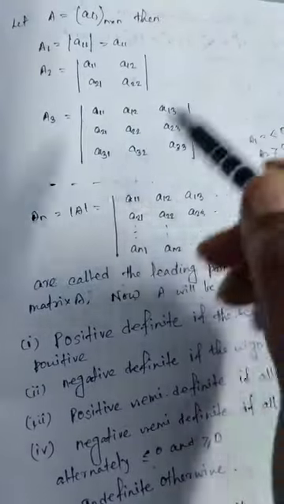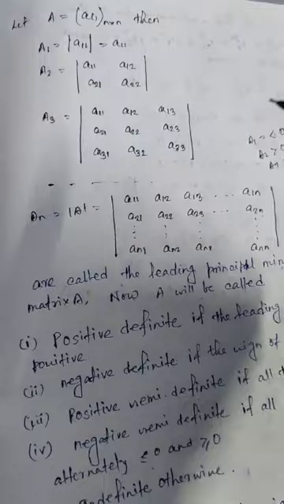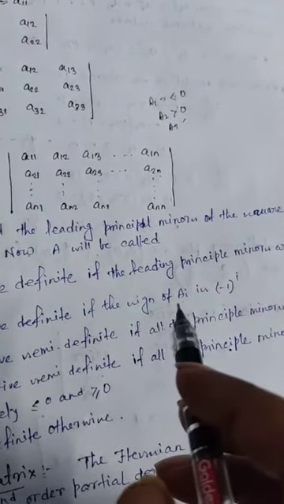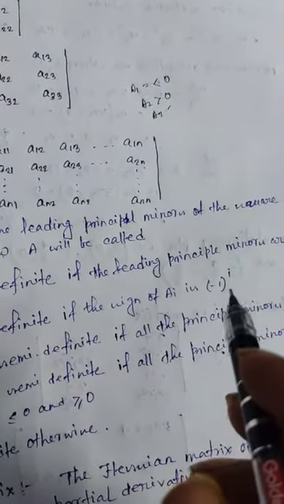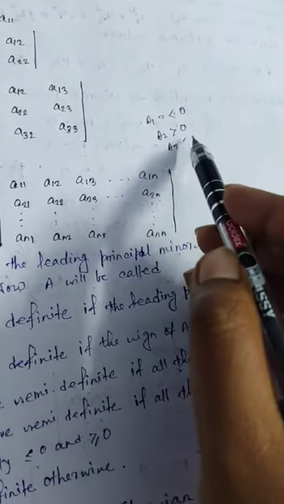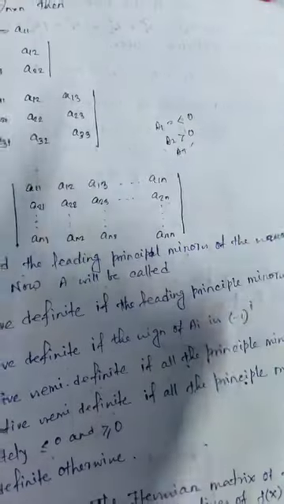That means if the values of all the determinants are greater than 0, then we can say it is positive definite. And it is negative definite if the sign of ai is (-1) to the power i. That means a1 is less than 0, a2 is greater than 0, a3 is less than 0, and so on.